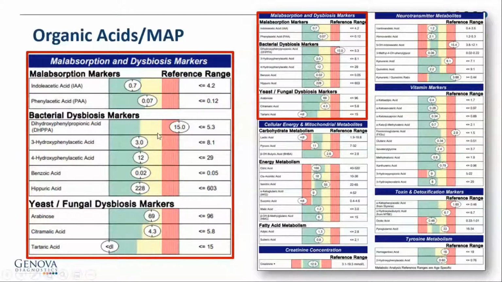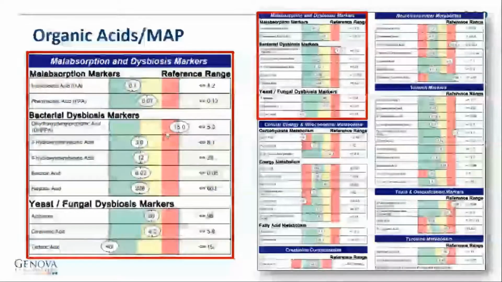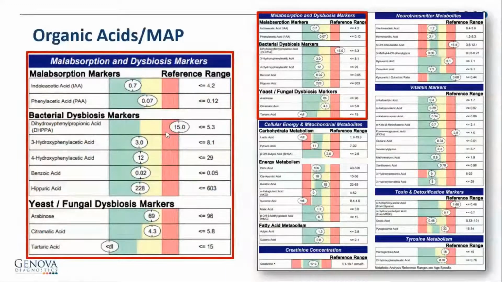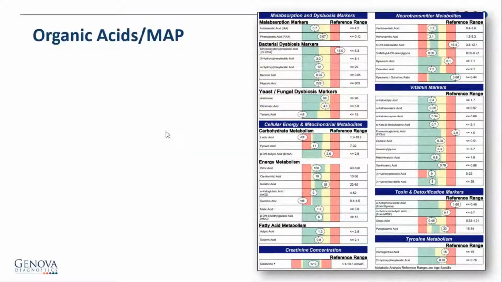So this elevation clues me in that maybe there's dysbiosis, an imbalance of those bacteria. And that's what we're looking for. So these categories are based on knowing specific organic acids from specific pathways.